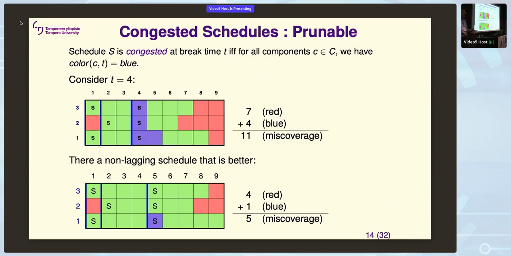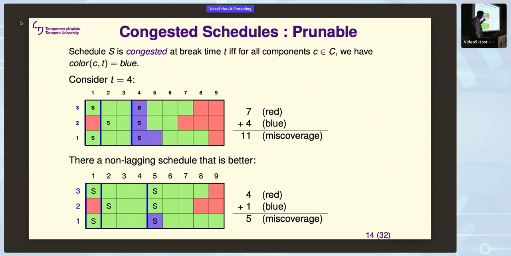Now if we take the same thing in the opposite way, where we have service too early, so that the service periods are overlapping, we could have gone one more time unit with the previous components.